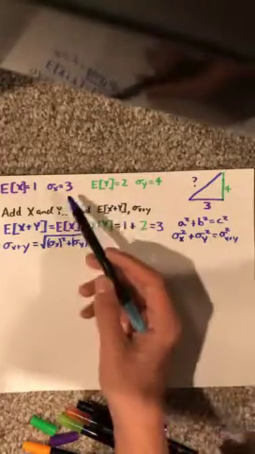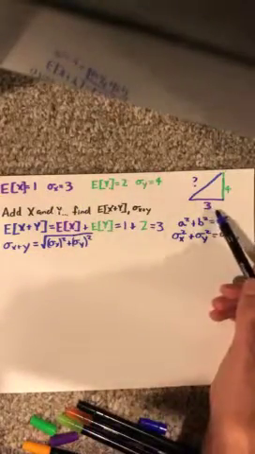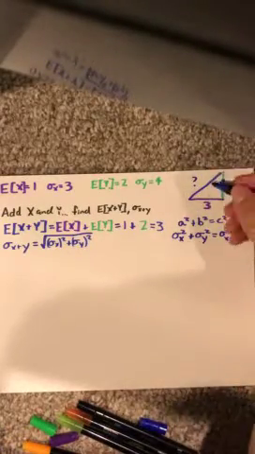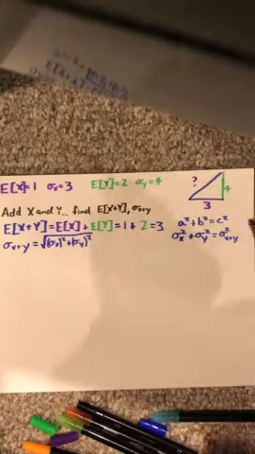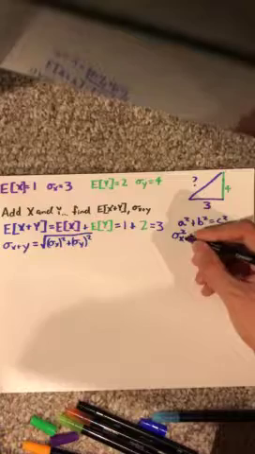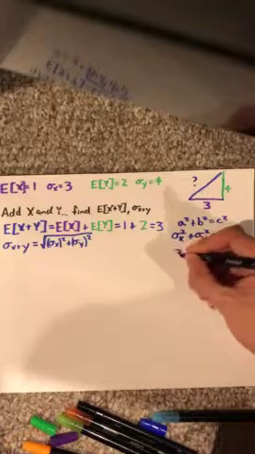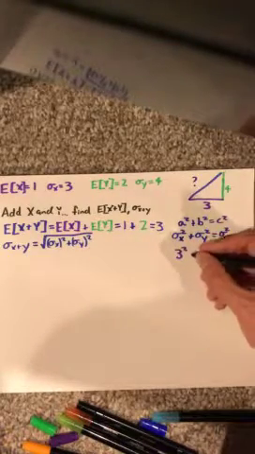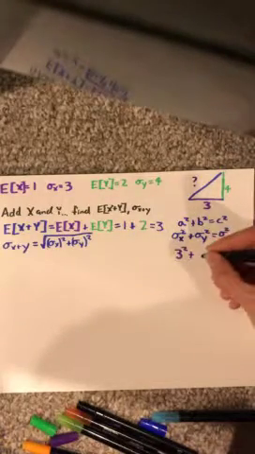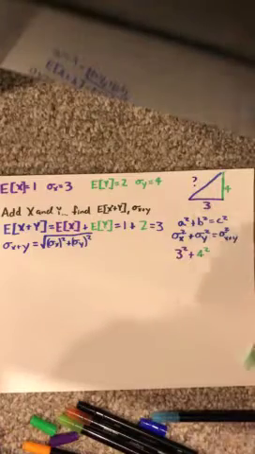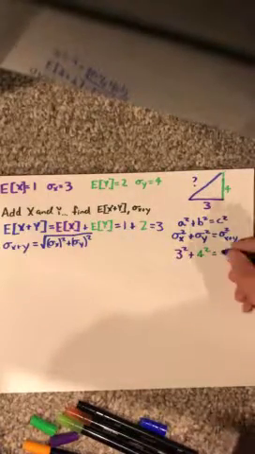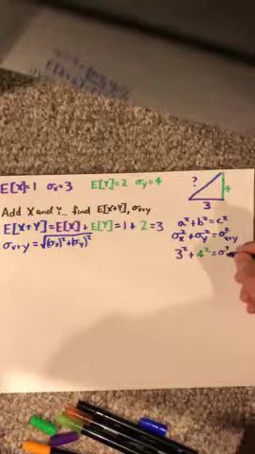So we know that our first side length is 3 and our second side length is 4. If we plug these in, the standard deviation squared, which is the variance, is 3 squared, plus our standard deviation squared of y, which is 4 squared, equals the variance of x plus y.